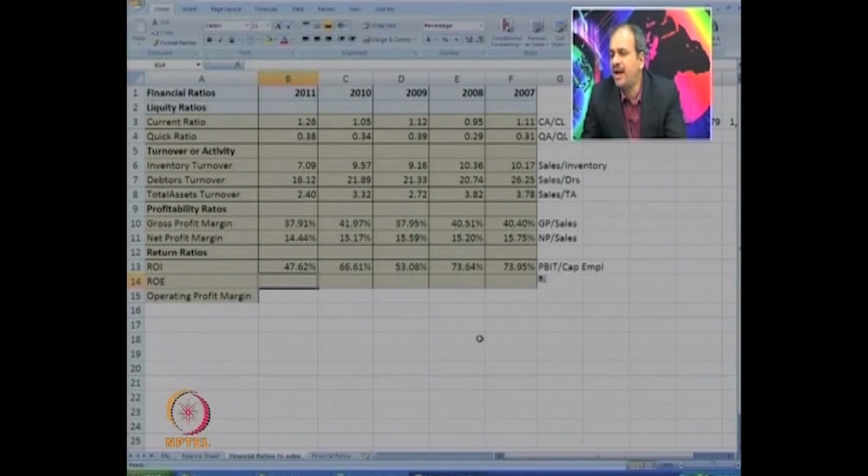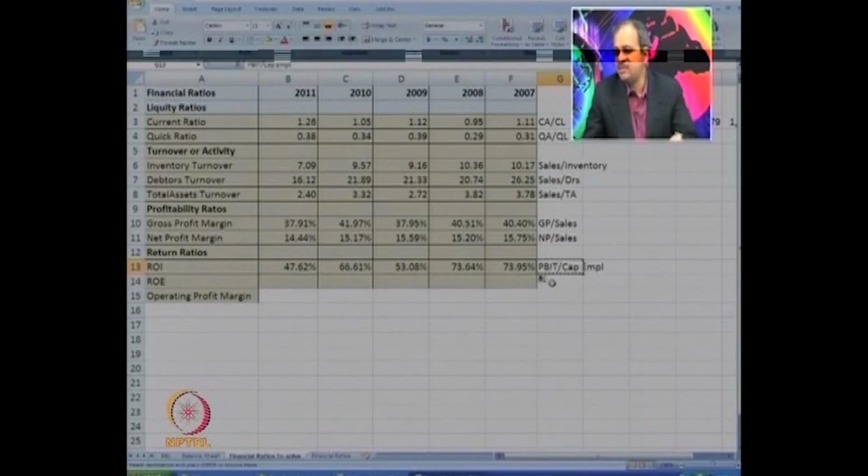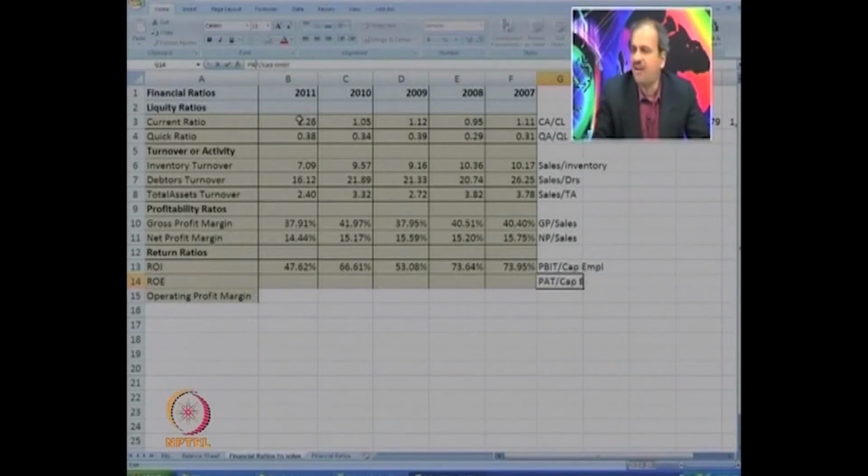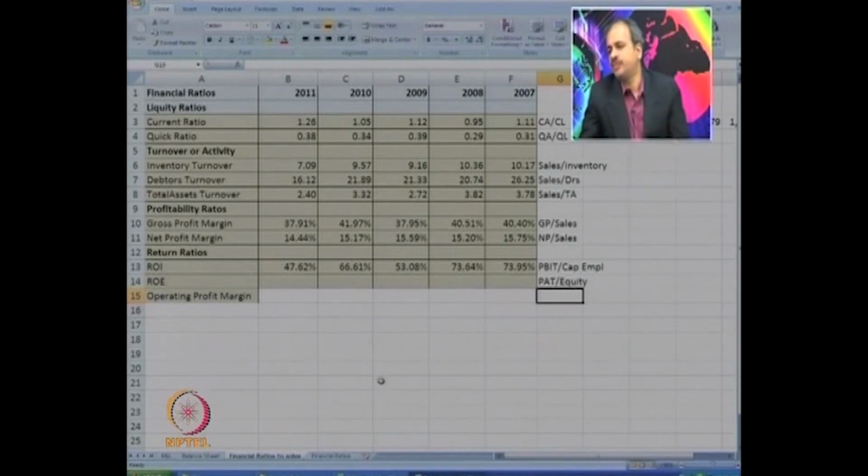Now, let us look at ROE. So, what is the formula of ROE? Very similar to ROCE, but both numerator and denominator will change. Instead of profit before interest and tax, now we will take profit after tax, and in place of capital employed, we will divide it by equity or the owner's fund, as it is popularly called.